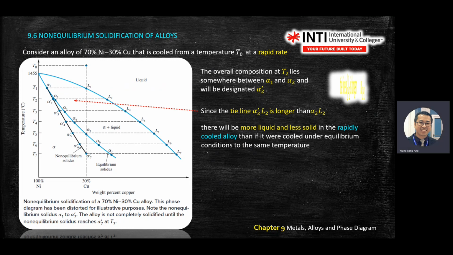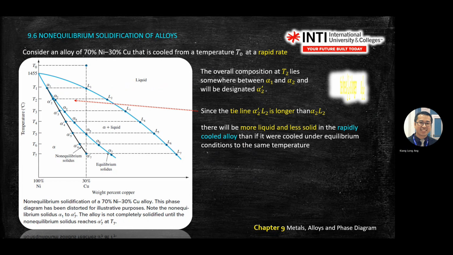It just means that here is solid, here liquid, and between here is alpha and liquid. Here, this black line, when you pass here, only becomes solid.